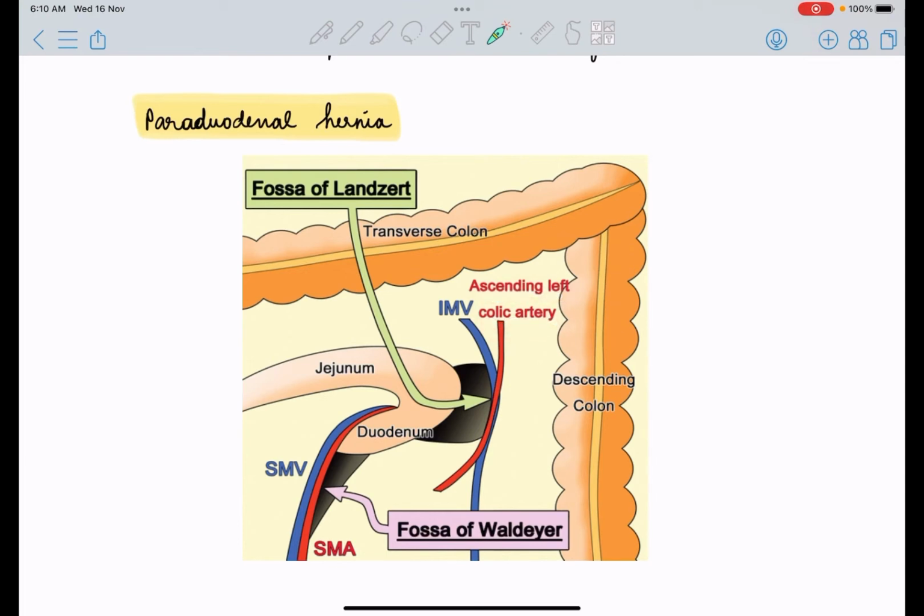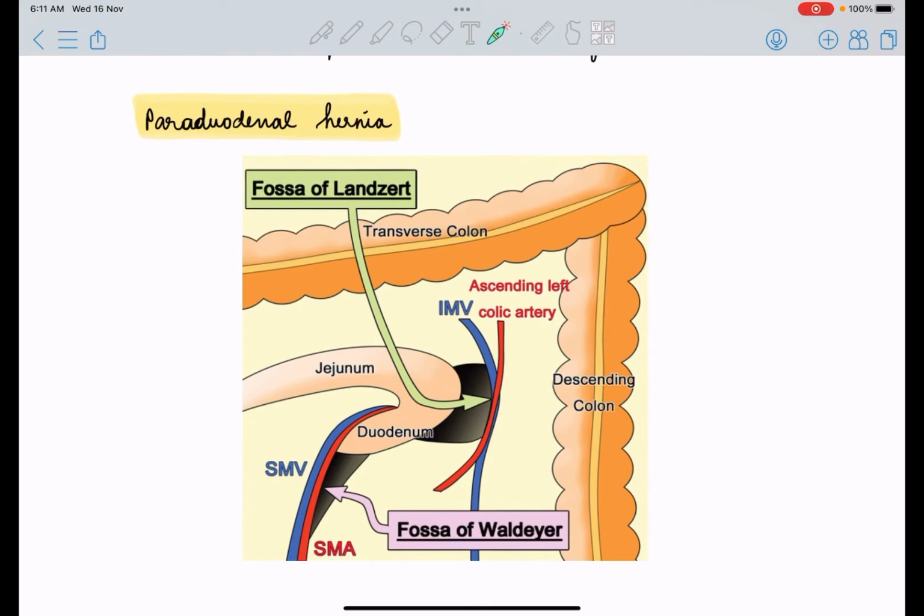So during the reduction of left paraduodenal hernia, we cannot just cut the neck of the sac to reduce the bowel, because we might injure the inferior mesenteric vein or the ascending left colic artery.